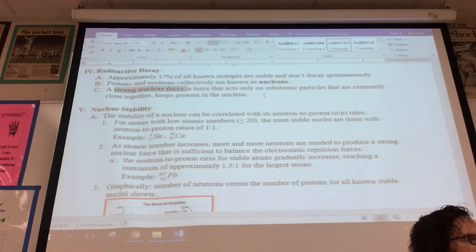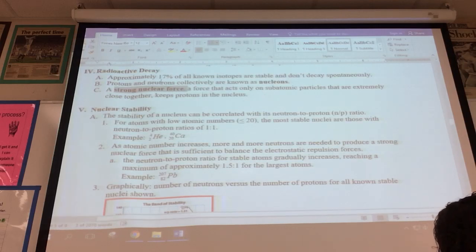And we're going to take a look at this strong nuclear force when we talk about fission and fusion at the end. But that strong nuclear force, think of it almost as a gate around the nucleus, is what keeps protons in the nucleus.